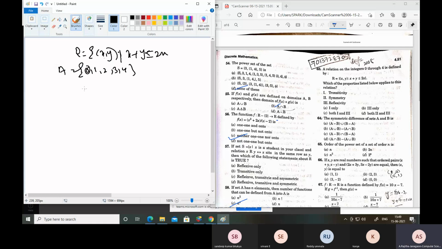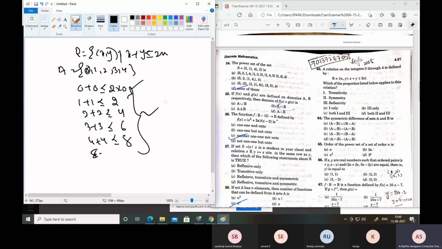Suppose you take 0 plus 0, 0 plus 0 less than or equal to 2 into 0. Then 1 plus 1 less than or equal to 2. 2 plus 2 less than or equal to 2 into 2, 4. 3 plus 3 less than or equal to 2 into 3, 6. 4 plus 4 less than or equal to 2 into 4, 8. So it satisfies the reflexive property.